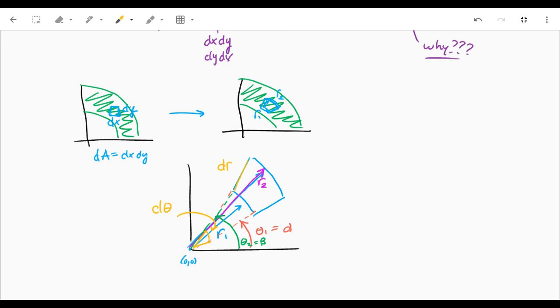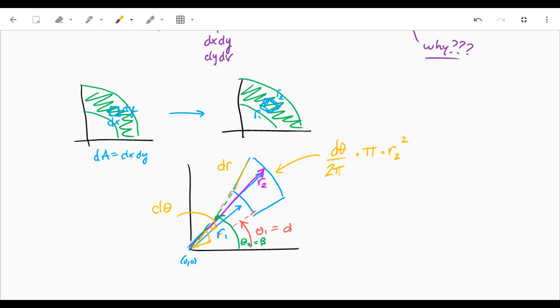And now to find the area of that, that's a sector of a circle, right? It's kind of a piece of that. So what you could do is find the bigger pie piece that goes out to R2 and then subtract that inner pie piece that goes out to R1, and we'd have the area of our wedge there, okay? So that area would be whatever d theta is out of 2 pi, and then times pi times r2 squared, right?